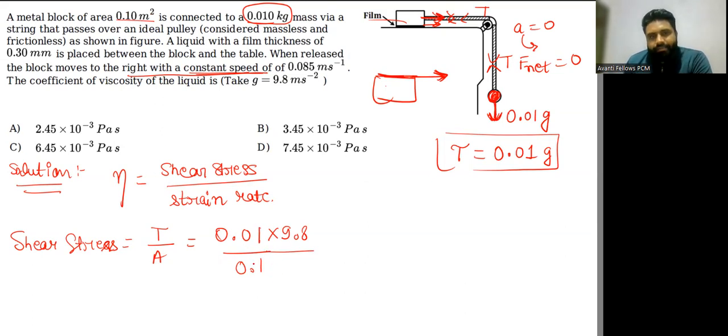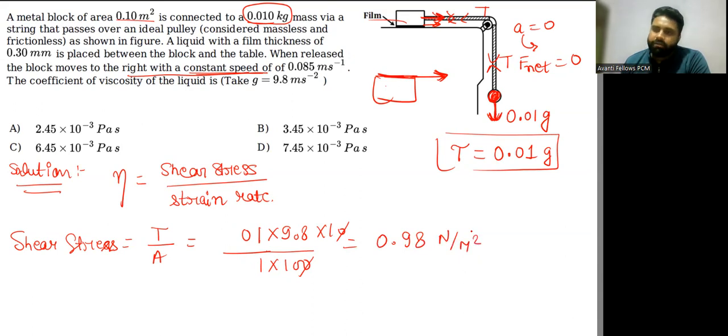To remove the decimal point, we multiply by 100 in the bottom and by 10 in the upper side, so this will cancel out. So shear stress you will have as 0.98 Newton per meter square, or Pascal.